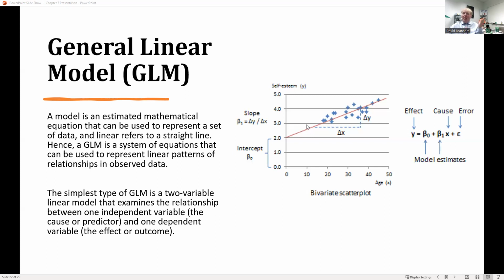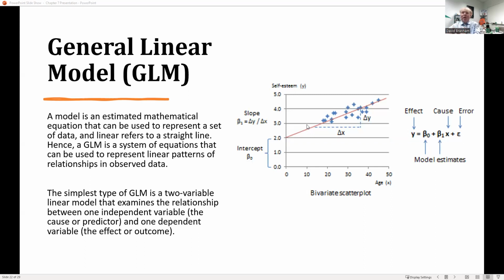Now, if you remember back to high school algebra, we remember the equation for a line. Remember, y equals mx plus b is the equation for the line. That's what the general linear model does. It has an equation for the line, and it's a linear equation. So here in the one variable model, y equals B0, which means B0 is just a constant.